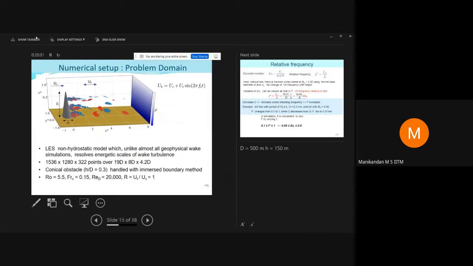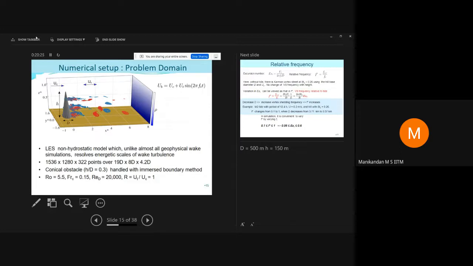So we use an LES non-hydrostatic model. It's pretty highly resolved, but still not DNS. It resolves most of the energetic scales of the turbulence. And it's a pretty large grid. So if this is the diameter, then you have significant upstream distance and downstream distance and so on.